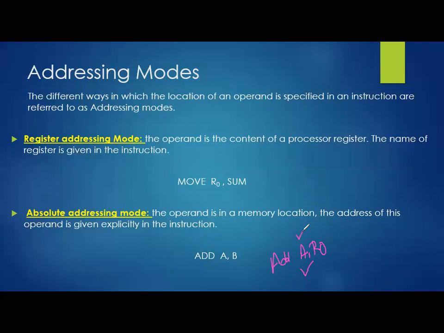Forget about the destination, whatever we may use. What you are dealing with is the operand, and the question is where it is residing. So this is the direct addressing mode, or we call it absolute addressing mode.